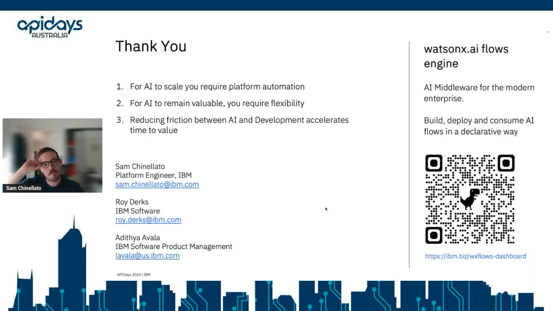So to wrap things up, I wanted to leave you with 3 key messages from this presentation. For your AI application to scale, you require platform automation. Specifically, as you enter more complex environments, you require an automation layer to manage the complexity of your AI infrastructure if you want to keep experimenting rapidly.